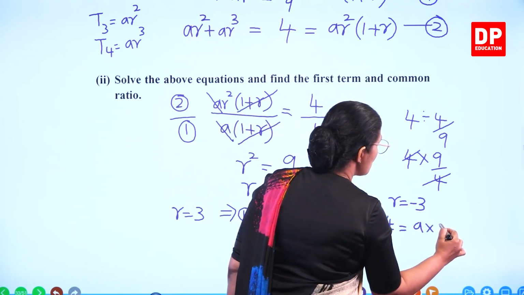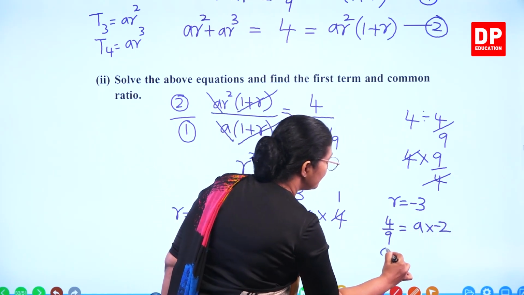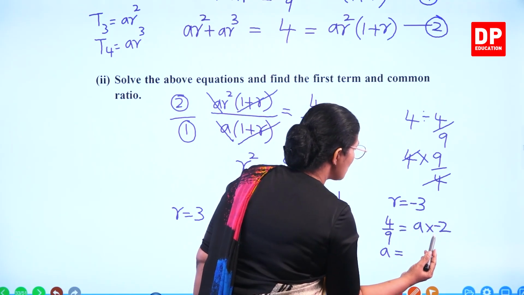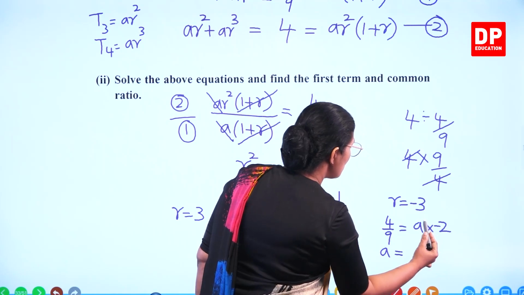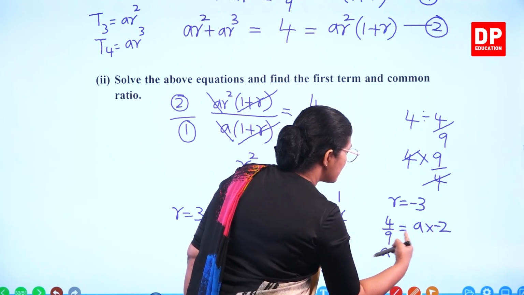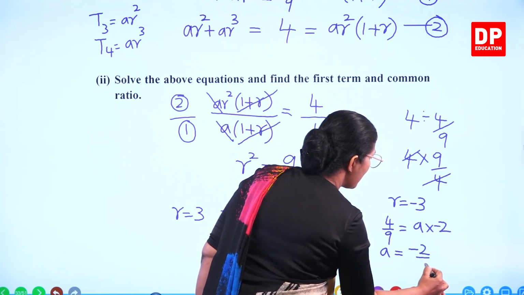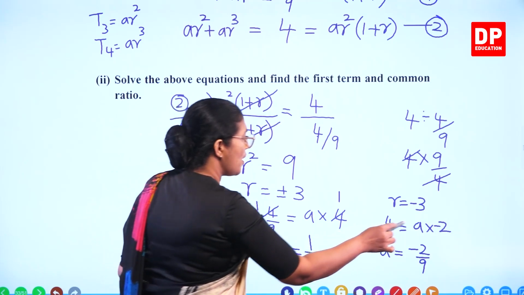That becomes minus 2. So what is A value? A is also negative, but it's not mentioned in this question whether A is positive or negative. So you can consider this as well. So when you divide by 2, minus 2 over 9. 4 divided by 2.